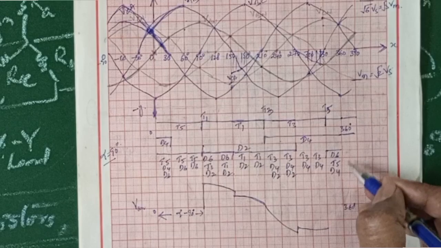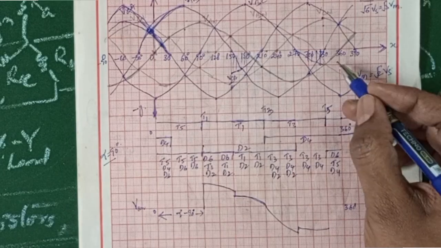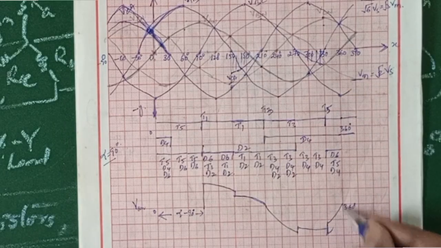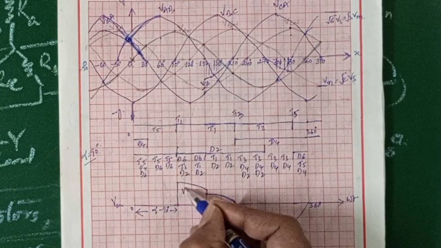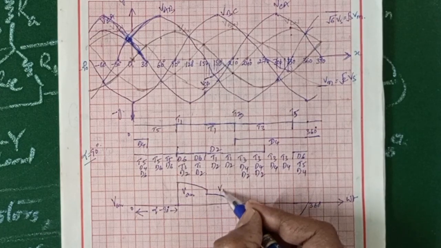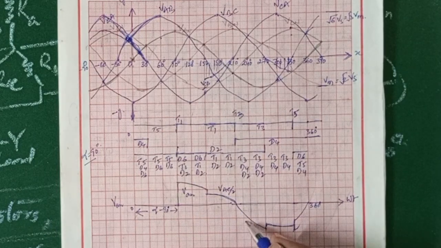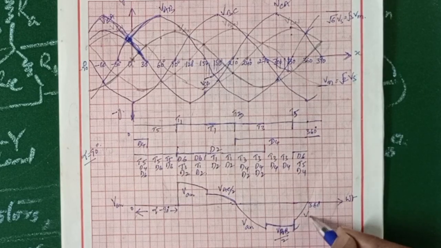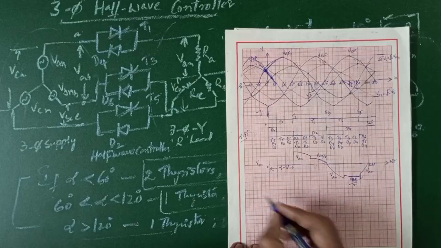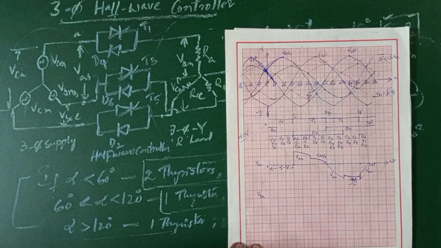Again, 3 devices are conducting, corresponding to phase voltage VAN. So this is our output of the phase VAN. So 3 devices, VAN. This is VAC by 2. This is again VAN. This is VAB by 2. This is VAN.